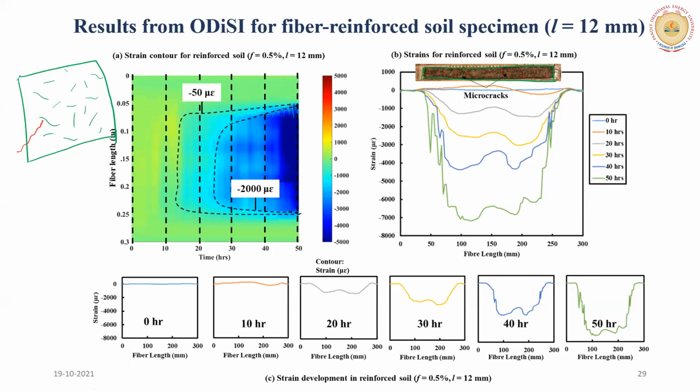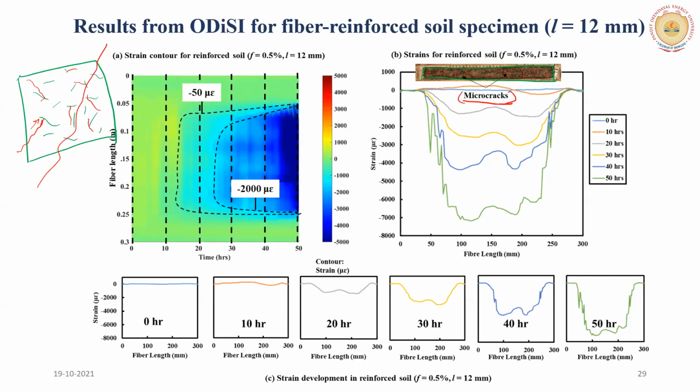It may come across a fiber here, and because of the presence of the fiber, the crack propagation is stopped, right? Again there will be a crack propagating, and it will be stopped here. Similarly, everywhere, there will not be a huge crack like we saw in the unreinforced soil. In unreinforced soil, we saw a huge crack like this. In this, we will find micro cracks.